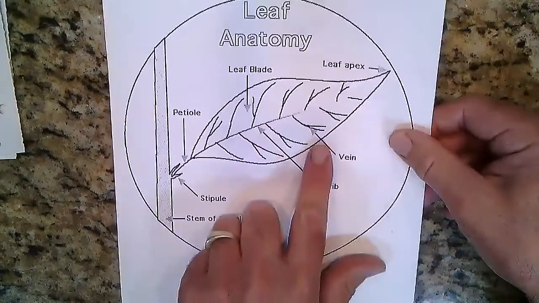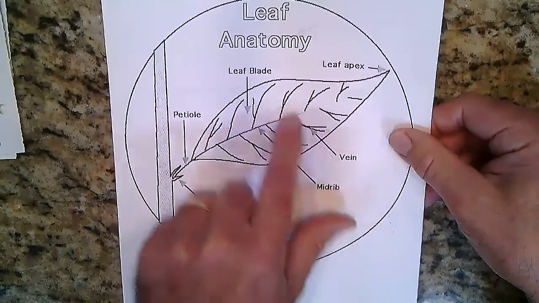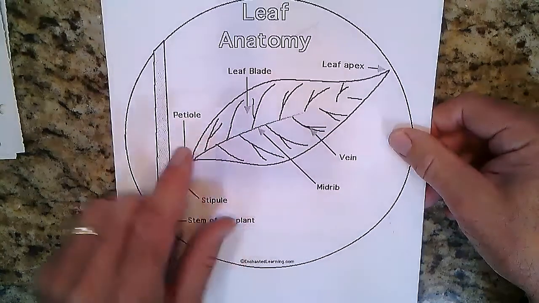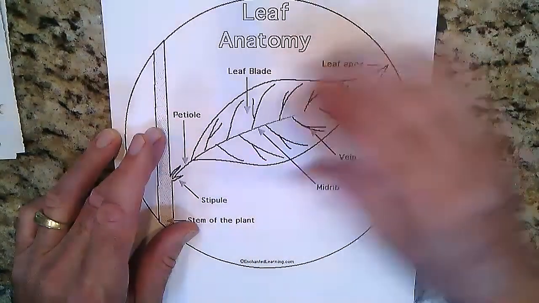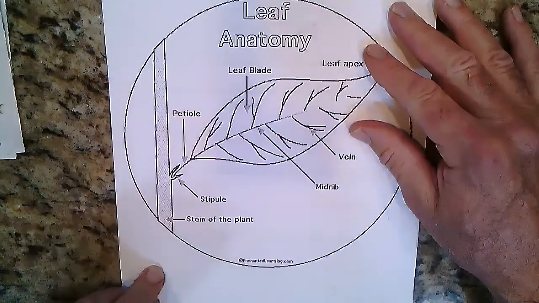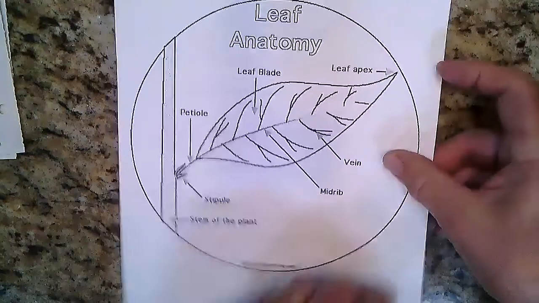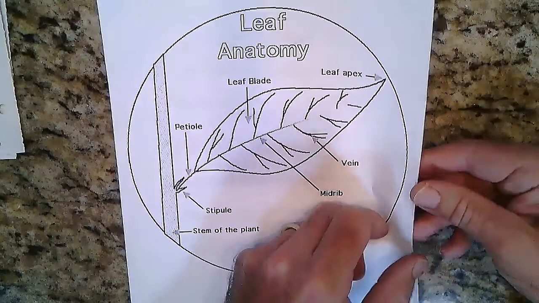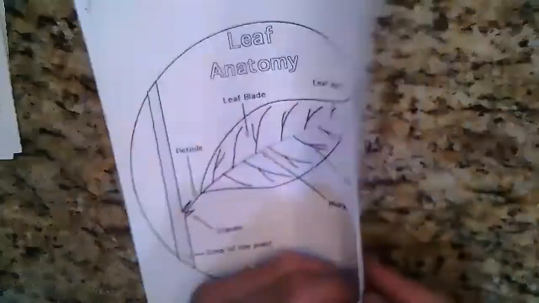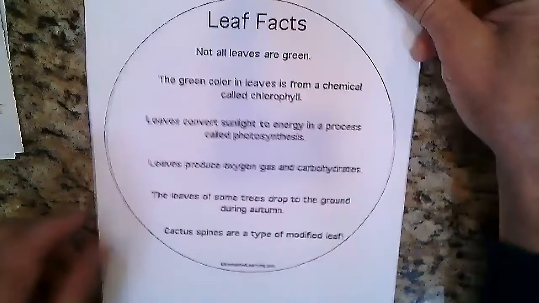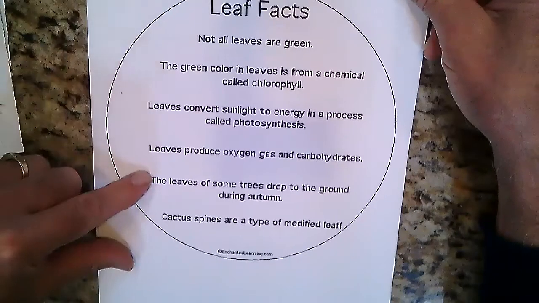You've probably heard of veins in the leaf that help carry the nutrition throughout the plant, just like veins in a person carry the blood, which keeps us alive, moving around. Also, on the next page, you have leaf facts, all these different facts that are here.